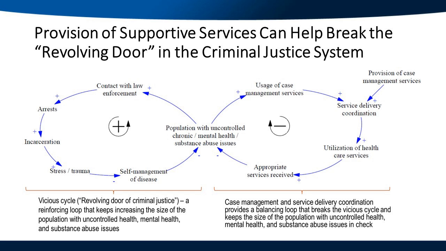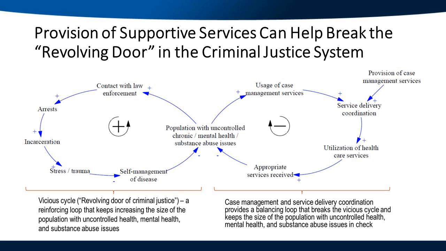What our simulation model shows is that without public intervention, it is very difficult to break this vicious cycle. But by creating public intervention through supportive services, by providing case management, then we can help these people get out of this vicious cycle and enter a new pathway that will help them resolve their issues and then reduce their involvement with the justice system.